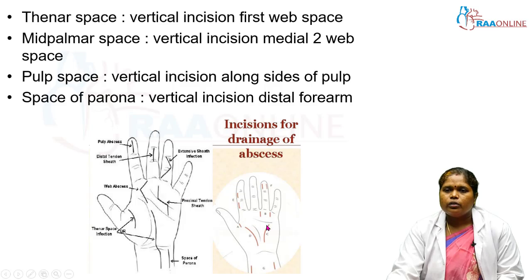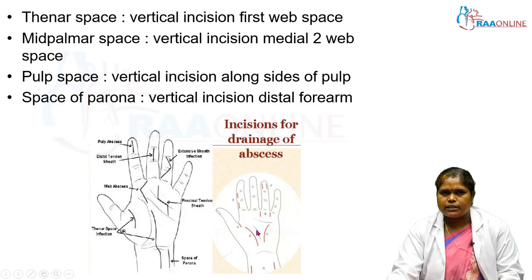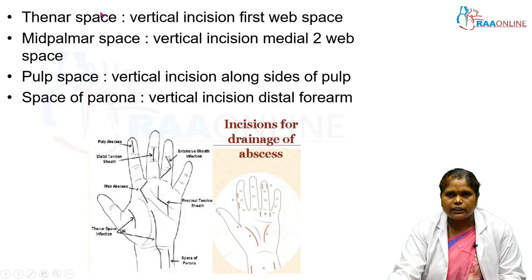So, now for letting out the infection in these spaces, we are going to make an incision. If there is an abscess in the thenar space, we make an incision in the first web space, a vertical incision in the first web space. If we make this incision, we can open up the thenar space.